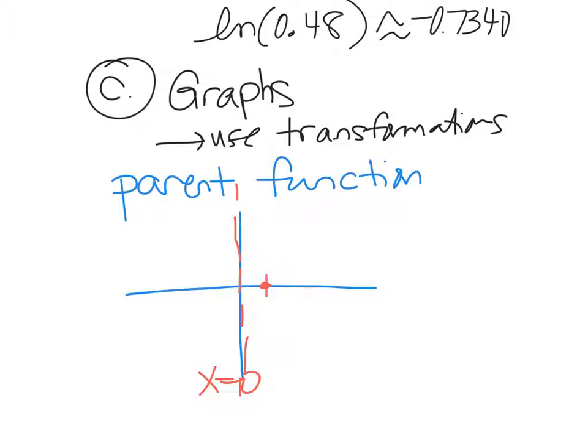So we might need to shift that. Shifting x equals 0 up and down doesn't do a thing to it, but shifting it left and right will. And then your graph is going to be like this. If you tilt your head, it looks like an exponential equation. Remember, it is a reflection of an exponential function over y equals x.